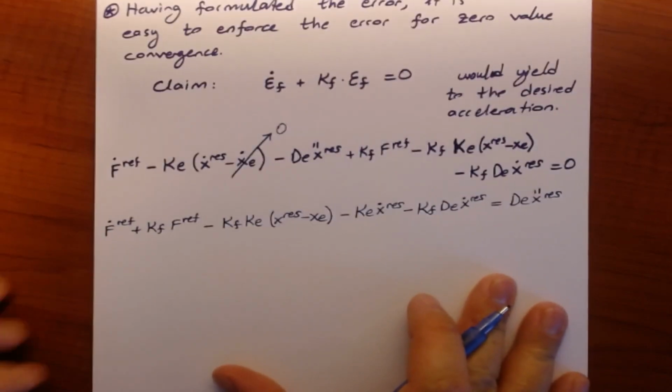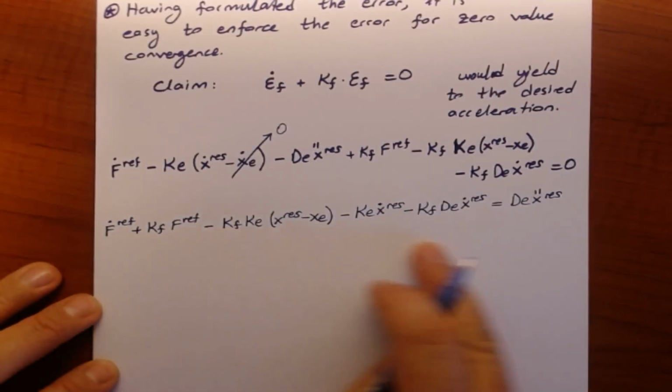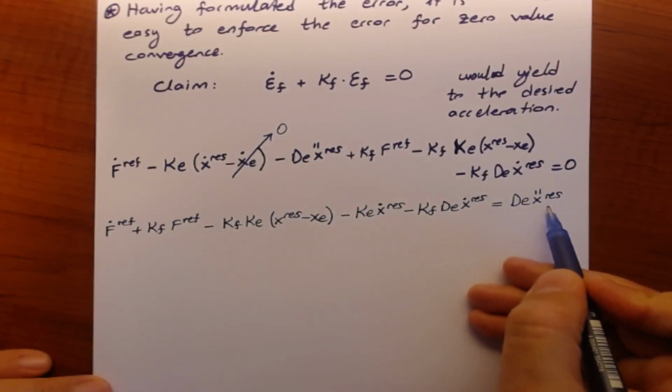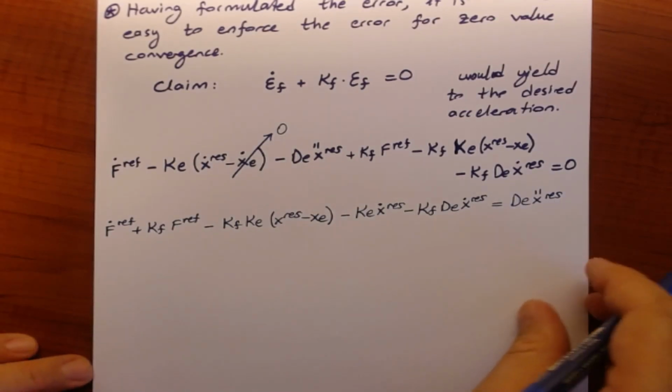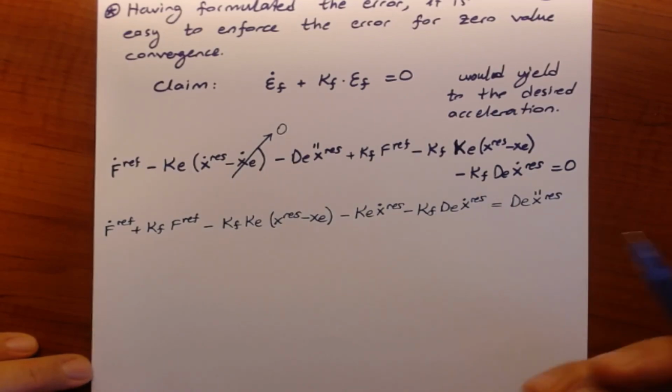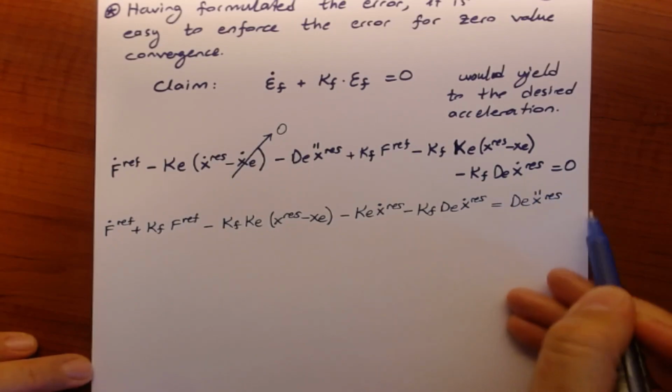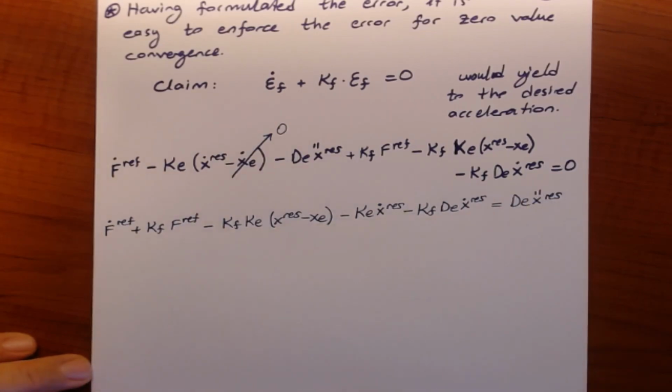Well, it's not too difficult to derive the desired acceleration from that equation. Simply our response acceleration will be the desired acceleration, because we have the disturbance observer which can take any desired acceleration and output this as the response acceleration.